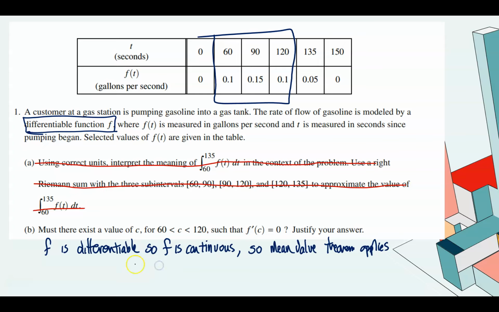So in my head, I've already thought that f of 120 minus f of 60 over 120 minus 60 is 0. And that should be equal to f prime of c, because that's just average rate of change equals instantaneous rate of change. And there's a little bit more, but hopefully you get the idea.